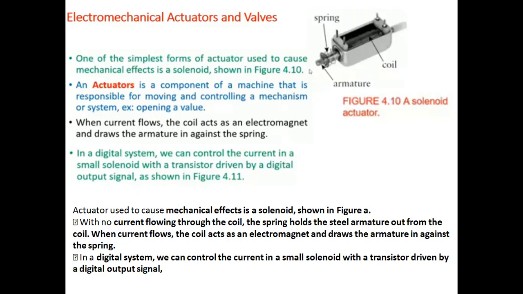This gives us a means of controlling chemical processes and other fluids, as in process-based systems. You can control parameters like fluid flow, gas flow, etc. You can explain this with this figure of electromechanical actuators and valves.